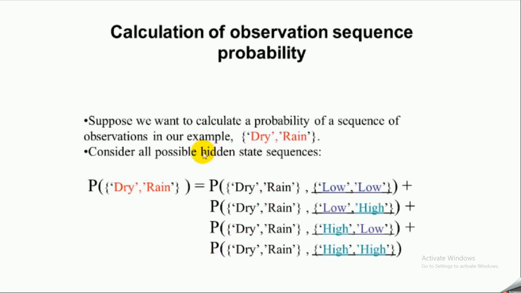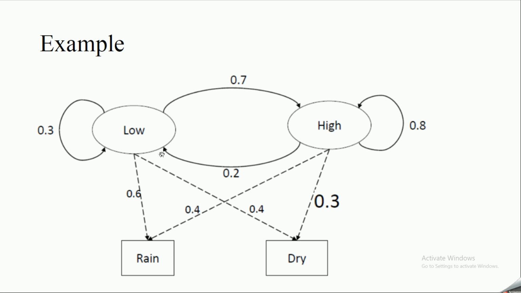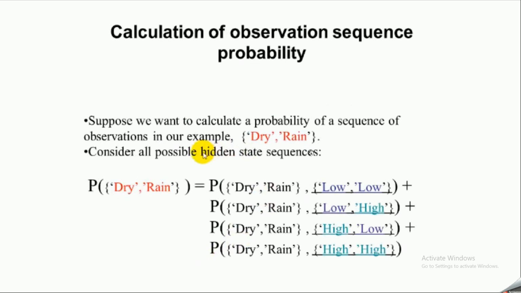Probability of dry and rain is the observation sequence for which we have to calculate the probability. Since we have two states, low and high, the combinations that we can have are four: low low, low high, high low, and high high.